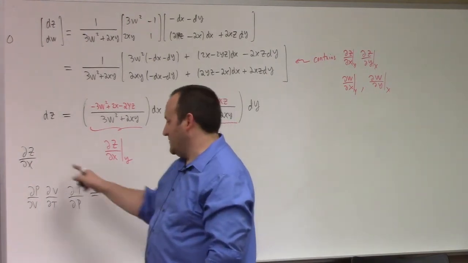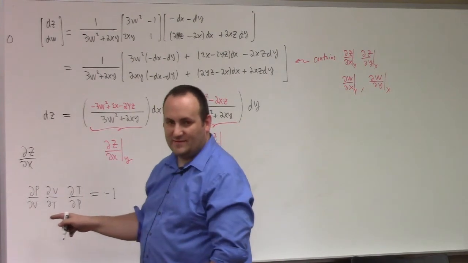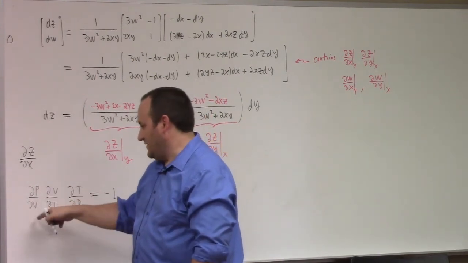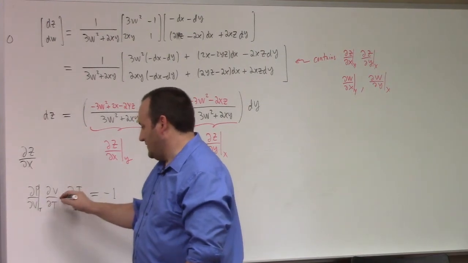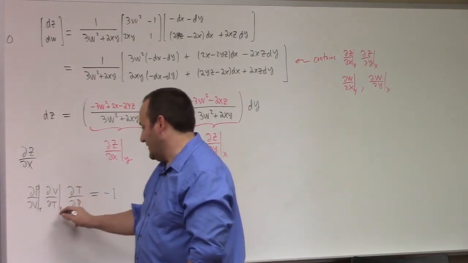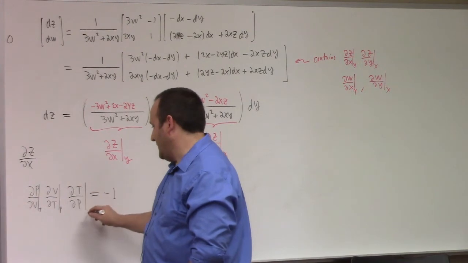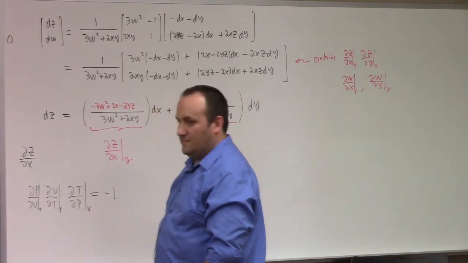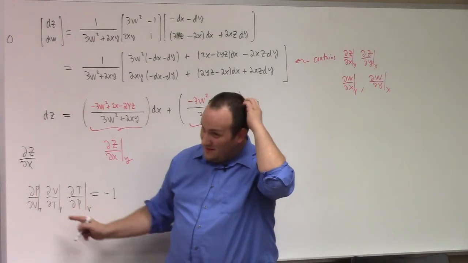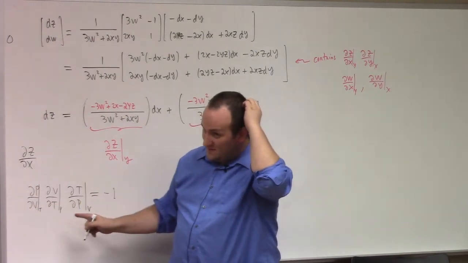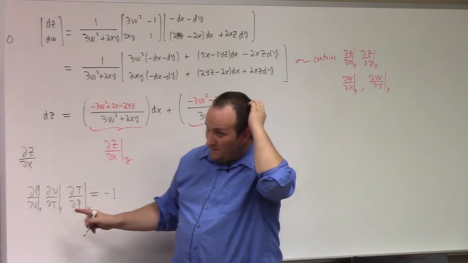But this notation in my view is substandard, because what this really means is partial p, partial v holding t fixed. This is partial v, partial t holding p fixed. And this is partial t, partial p holding v fixed. So these expressions live in wholly different mathematical universes in terms of how we're writing one thing in terms of another.